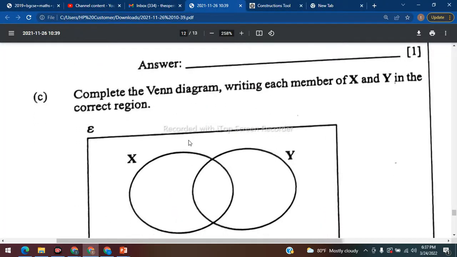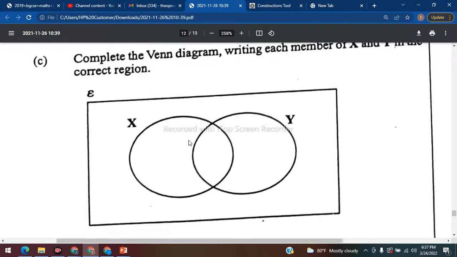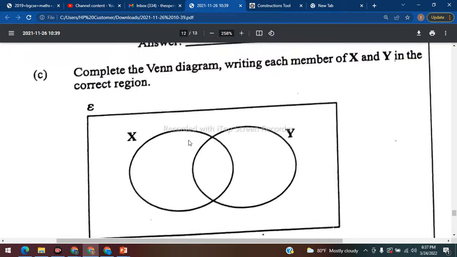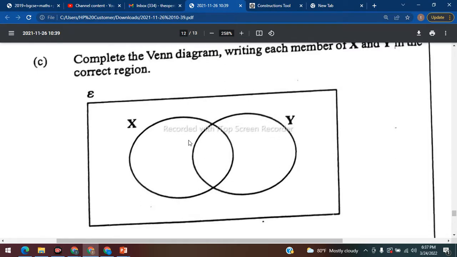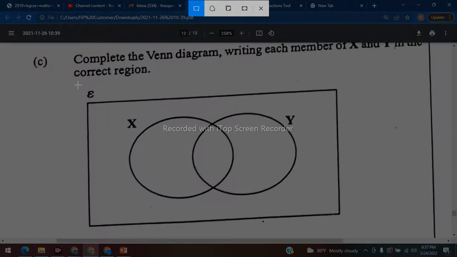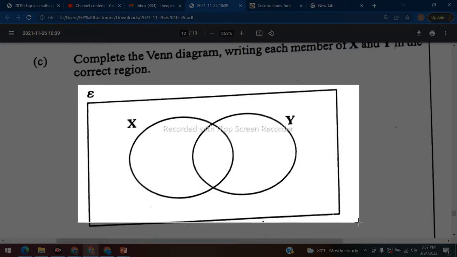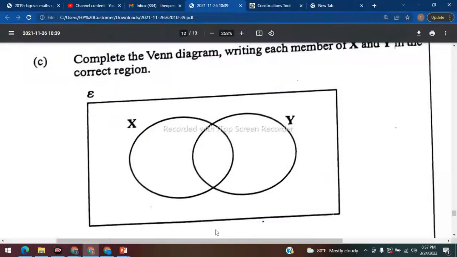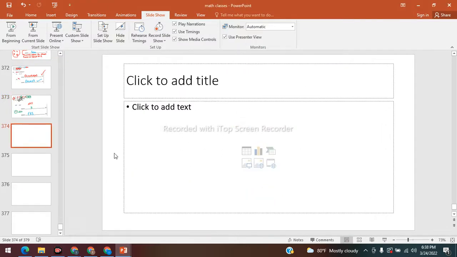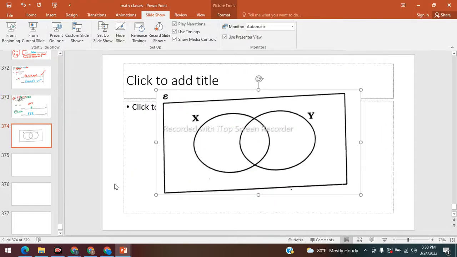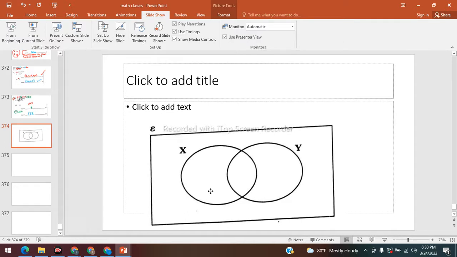All right, so let's move on. Complete the Venn diagram, writing each member of X and Y in the correct region. So now we have to complete the Venn diagram. So we're placing the things inside. Yes, so we are.